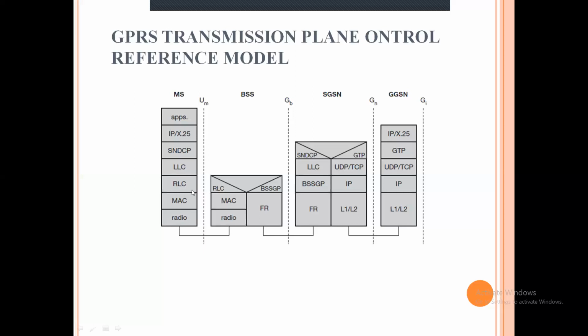MAC is medium access control, RLC is radio link control, and LLC is logical link control. These three come under the data link layer protocols. Now coming to the above three, IP and X.25, Internet Protocol and X.25, are protocols of the network layer, and SNDCP.